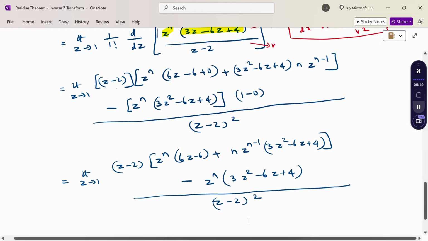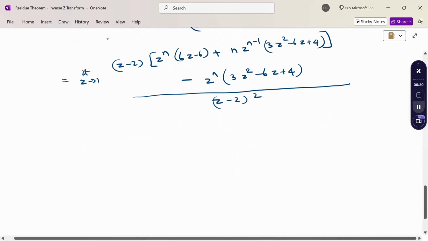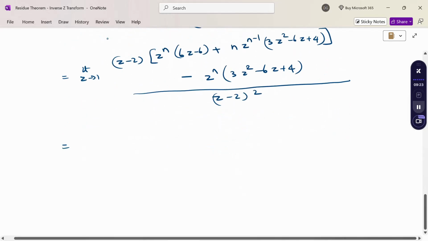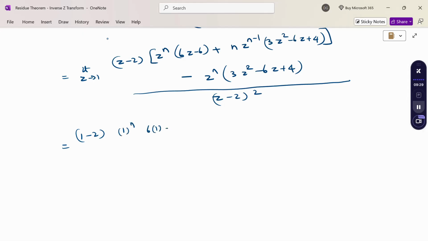Now substitute z tends to 1. So whenever I am substituting z tends to 1: 1 minus 2, then 1 power n, 6 into 1 minus 6, then plus n into 1 power n minus 1, 3 into 1 square minus 6 into 1 plus 4.